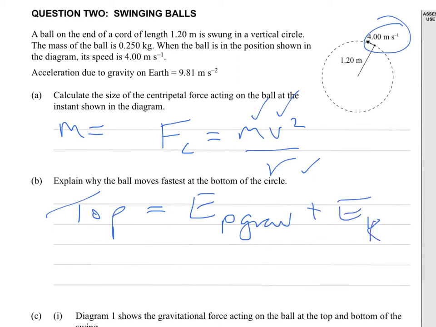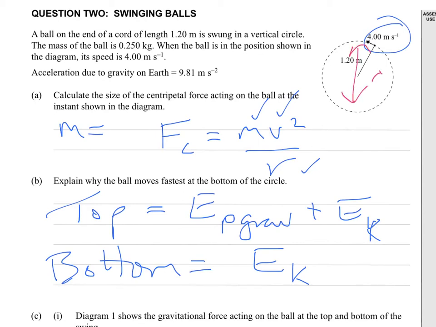But at the bottom, you're going to have just kinetic energy. The change in height, I think this is quite a cool point actually, is going to be twice the radius. So that's something you might find useful later on, but possibly not.